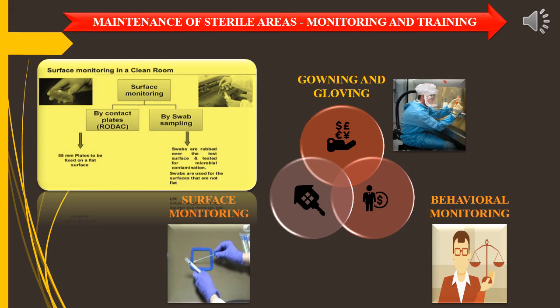Surface monitoring is done by 2 methods, by contact plates, that is the Rodac method, and by swab sampling. This is done to avoid contamination. Training is given on gowning and gloving, behavioral monitoring and surface monitoring for personnel who work in sterile areas.